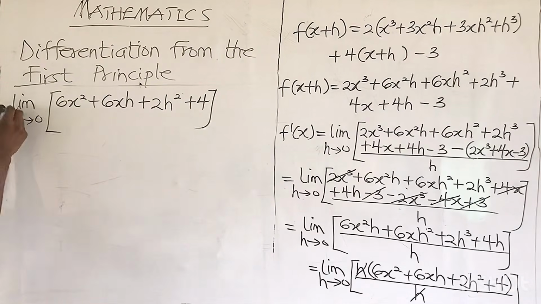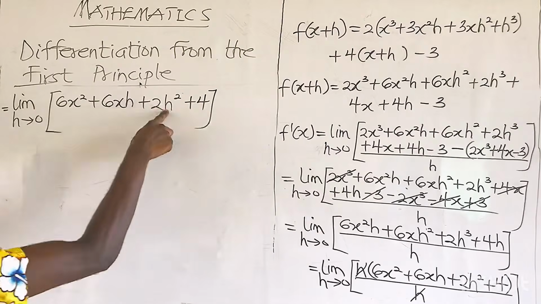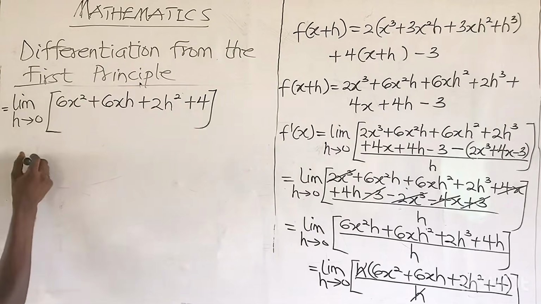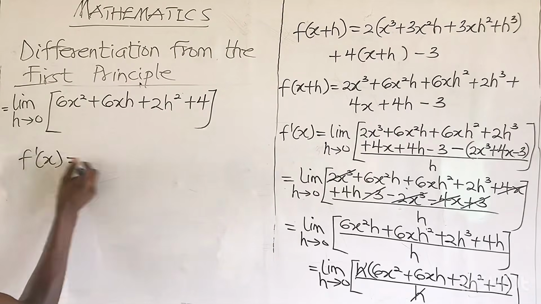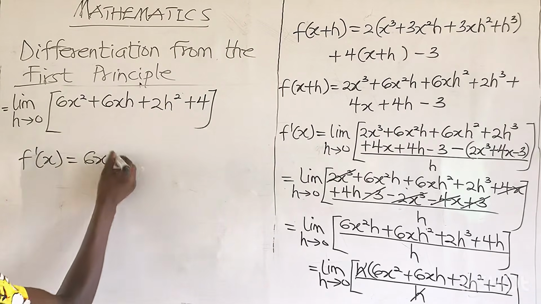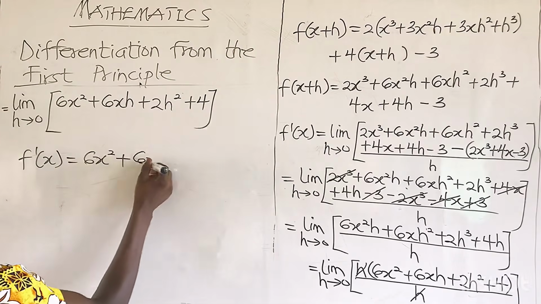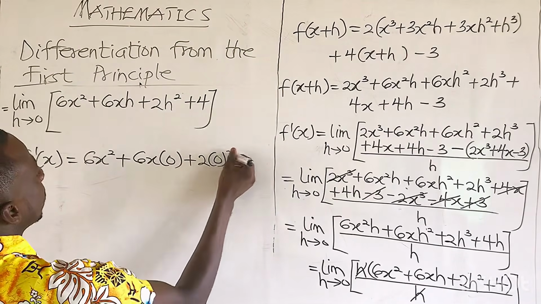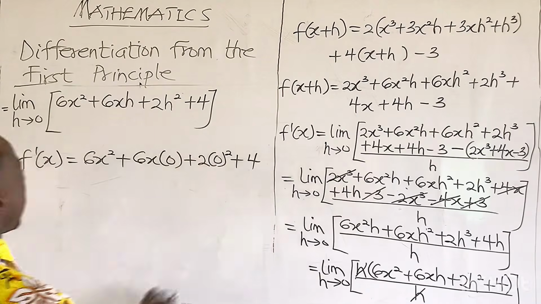Now from here, because h is approaching 0, then anywhere I get h, I need to substitute 0 over there. So f prime of x is now equal to 6x squared plus 6x multiplying 0 plus 2 into bracket 0 squared plus 4.